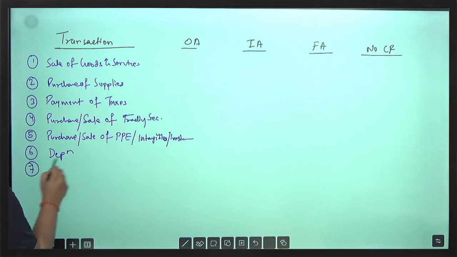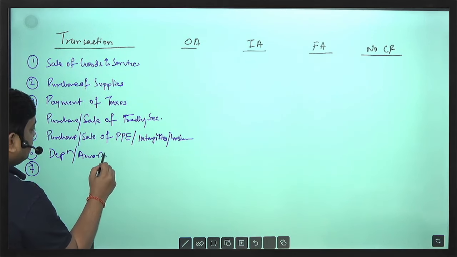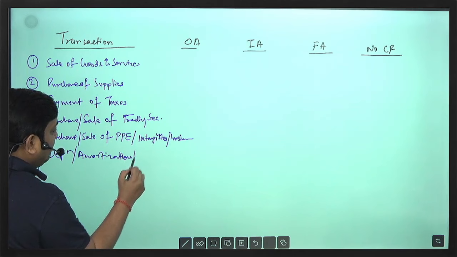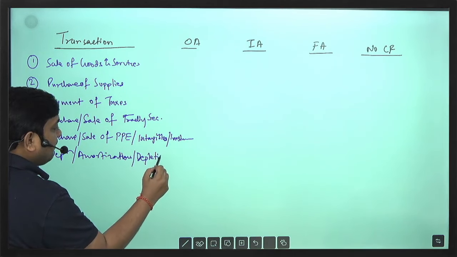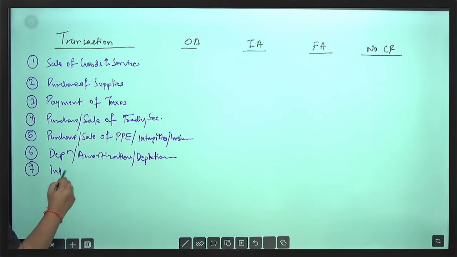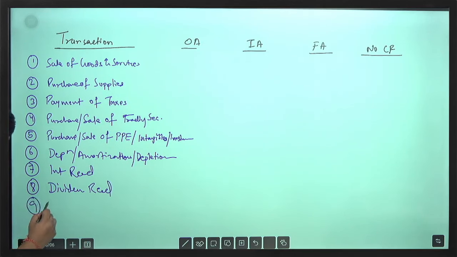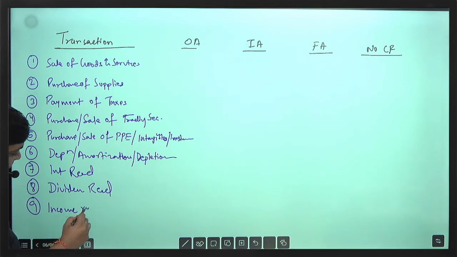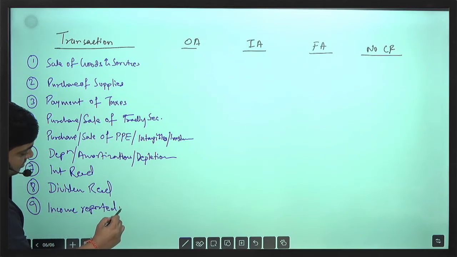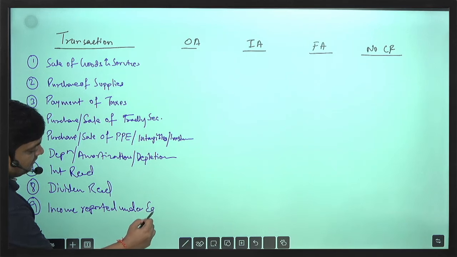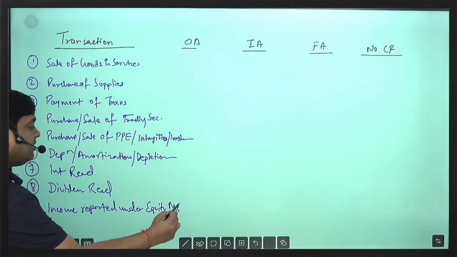Depreciation or amortization or depletion, interest received, dividend received, income reported under equity method.